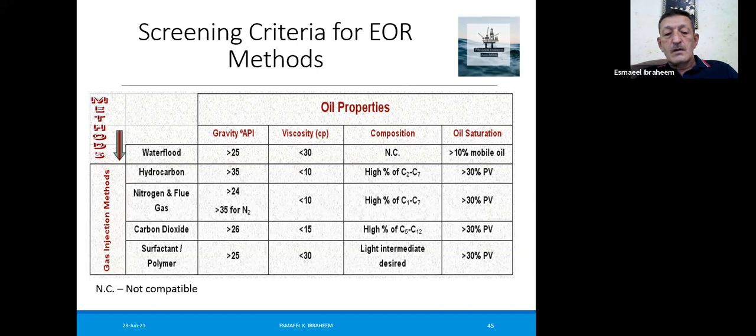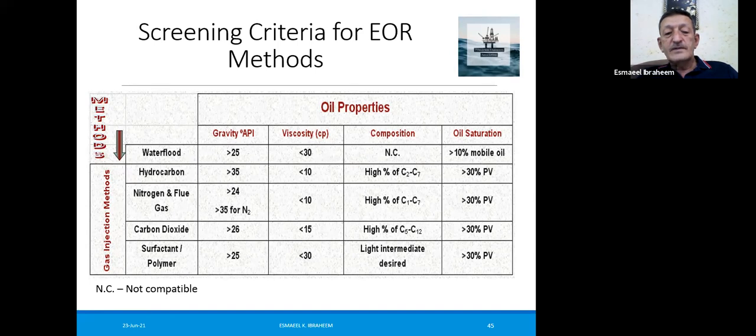Then, for example, for water flood, you have gravity greater than 25 API and viscosity less than 30 centipoise. Composition doesn't matter, not compatible. Oil saturation should be greater than 10% mobile.